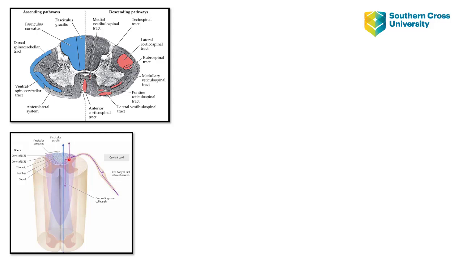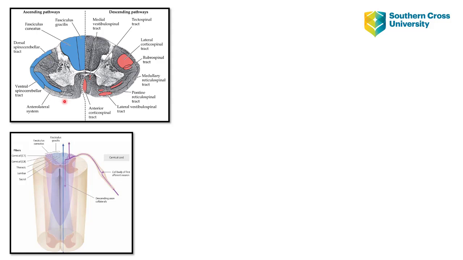The gracilis portion is for our lower half of our spinal cord, so we think of it as being the legs, proprioception coming up that pathway, and the cuneatus coming for the upper limbs, the arms in particular.